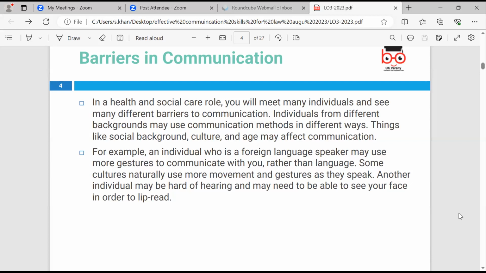Why do you think age is a big thing that may affect communication? Because the more you age, some individuals have to use a hearing aid because they get hearing loss, or they have to read from your mouth before they can understand.